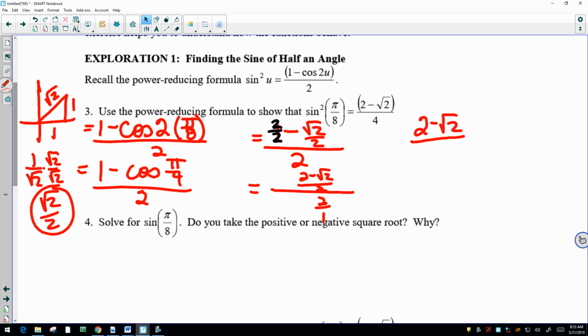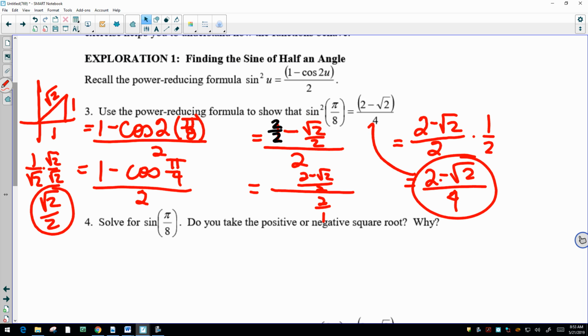So there's my copy, change to multiply, flip my second. And we can see there, now when you're multiplying fractions, tops with tops, oops, that should be a subtraction, tops with tops, and then at the bottom, bottoms with bottoms, and notice we have just proven that. So I've proven that power reducing formula.